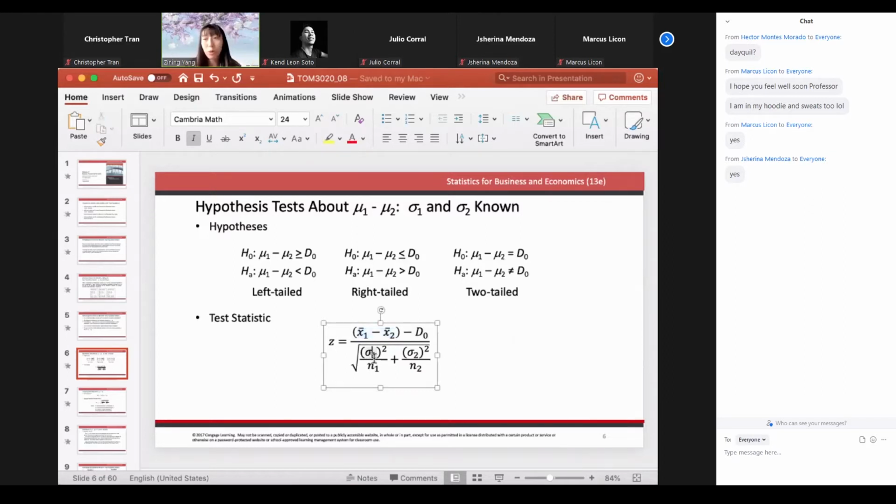In the denominator, simply because we have 2 groups of numbers, the standard error used to be standard deviation squared divided by sample size. So now we simply put together what's from sample 1, sigma 1 squared over n1, and what's from sample 2, sigma 2 squared over n2. So the denominator captures the variability when we put together the 2 data sets. It's how we smooth and blend everything together.